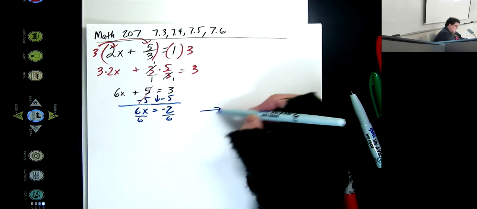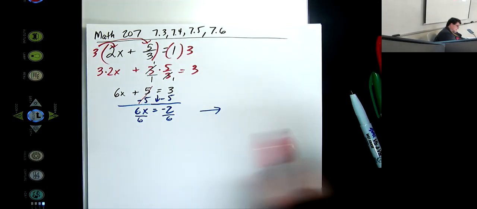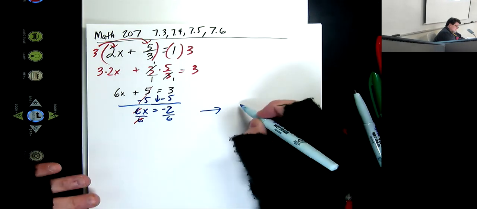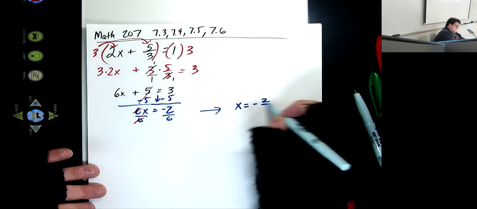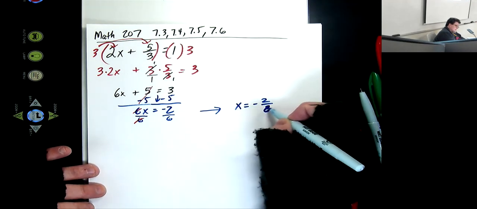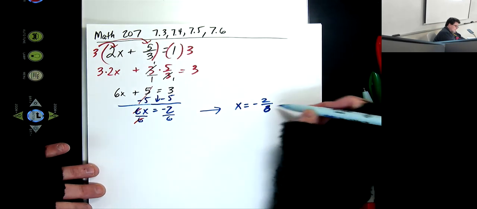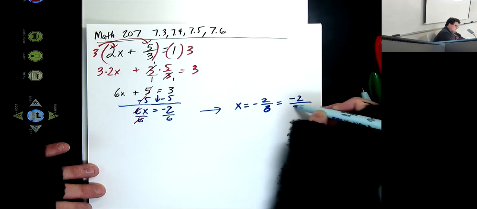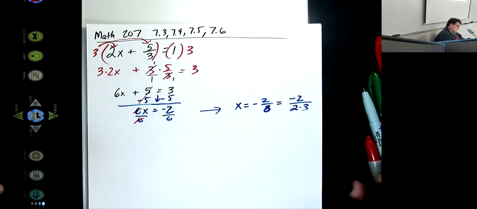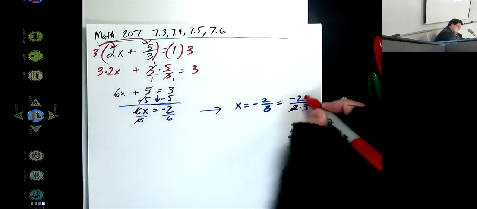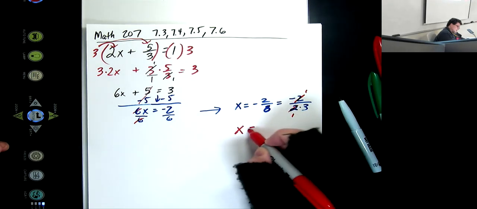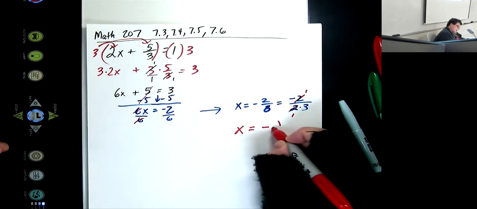The 6s cancel out, and I get x equals -2/6. But this simplifies. This is -2 over 2 times 3, and I can cross off the 2s, leaving a 1 behind. So I'm left with x equals -1 on top and 3 on bottom.